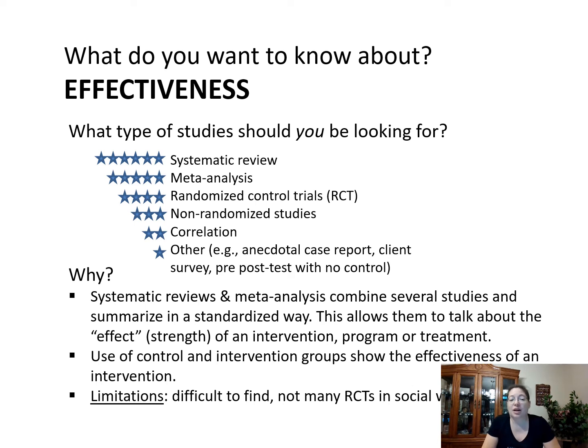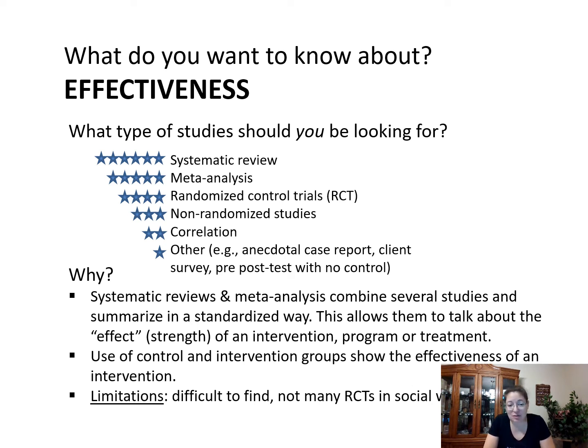And when you have a control and intervention group, you're able to actually show the effectiveness of the intervention, and you're able to say that yes, it's the intervention that has actually caused improvement in the symptoms we are considering. The problem with most of these that have lots of stars is that they're very difficult to find.